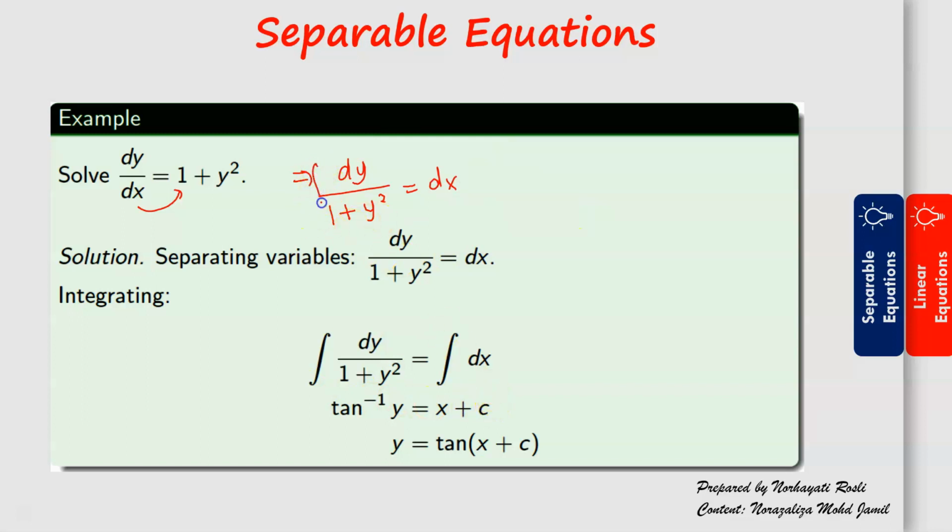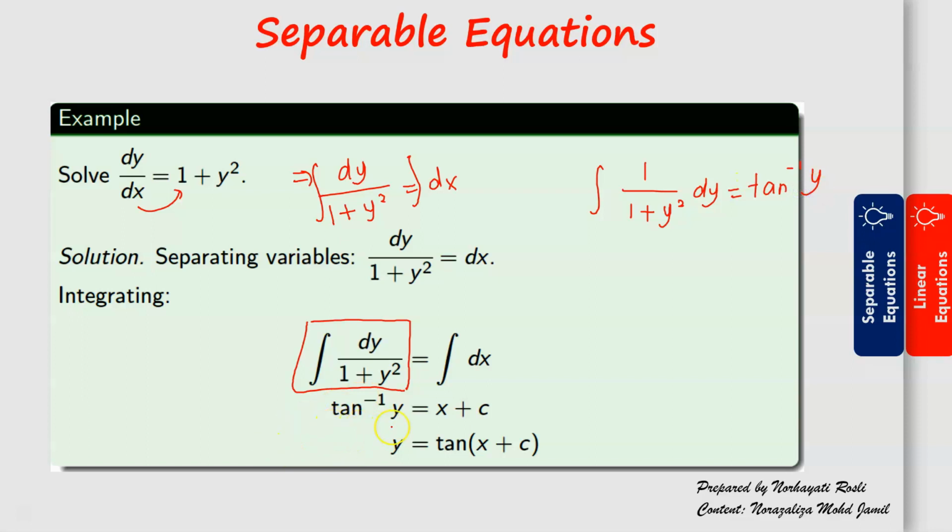Means that I integrate here both sides. The integration of this part, you can see the function is quite complicated. But how can you integrate this part? Actually, you can refer to the mathematical formula book, which is when we integrate 1 over 1 plus y squared dy, from the mathematical formula book, we can get the answer arctangent y.